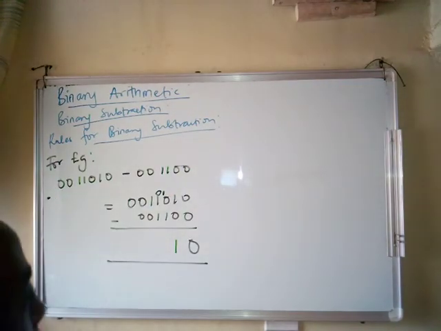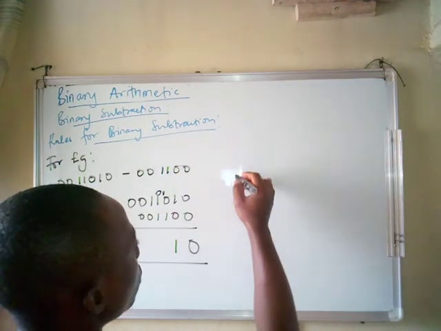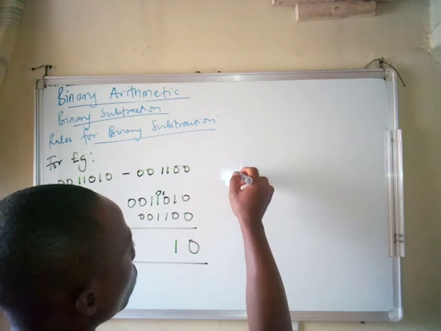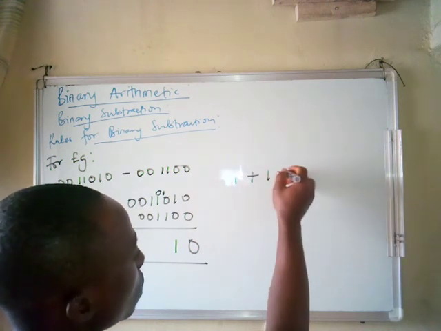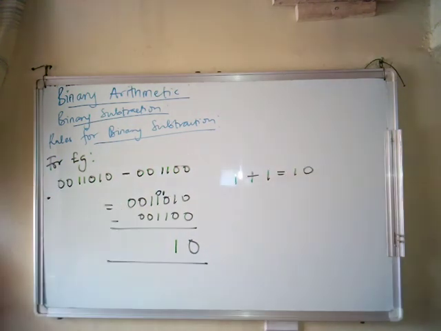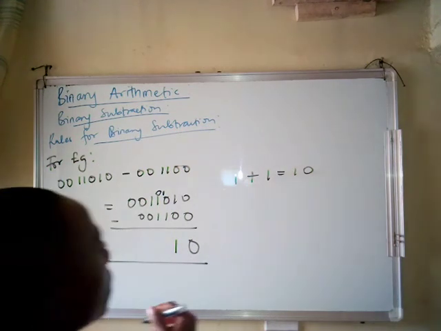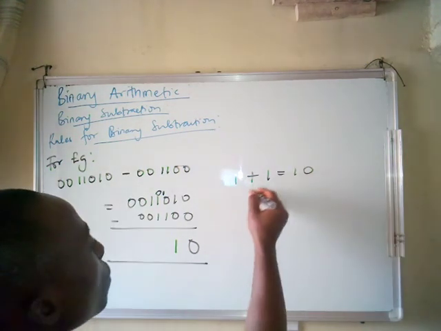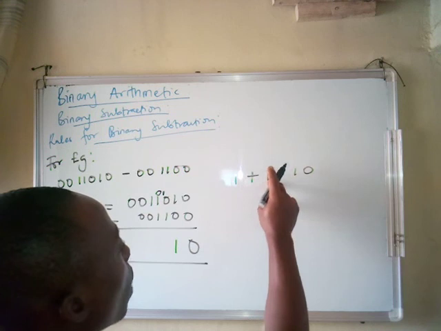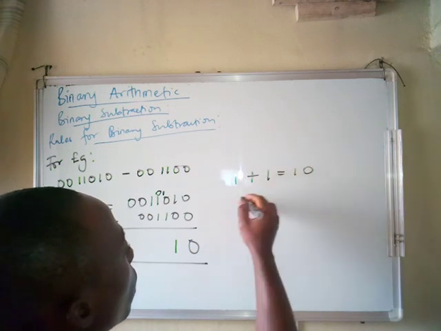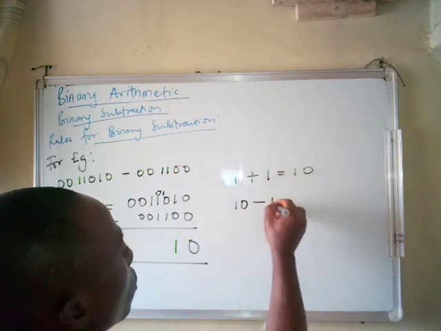So take a look at this. In our addition, when we said 1 plus 1 is 10, right? What if this one crosses over to meet the other one, what will you have? You have 10 minus 1 is what?